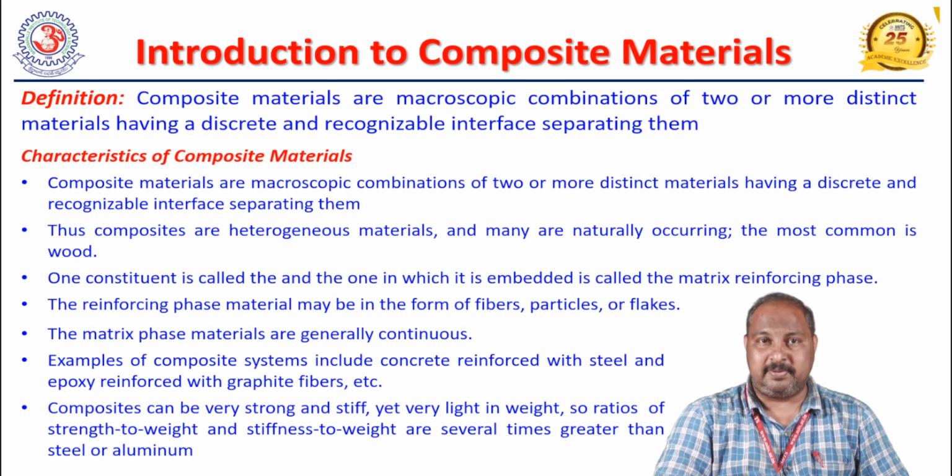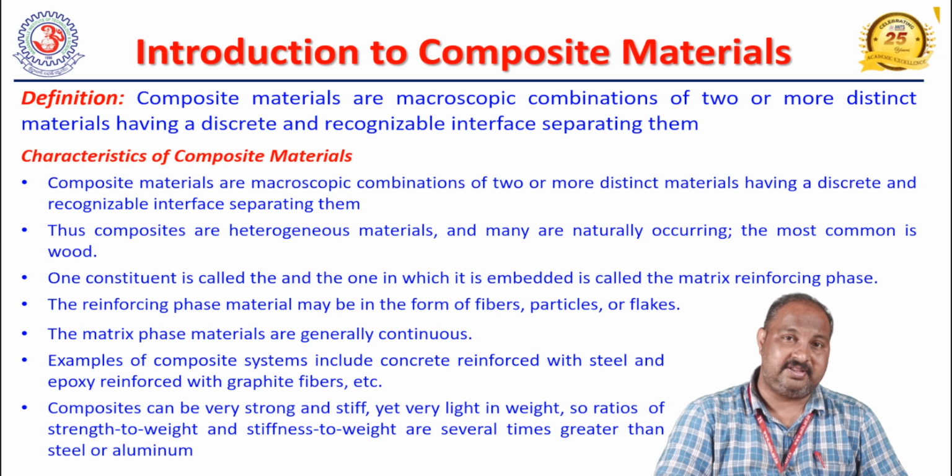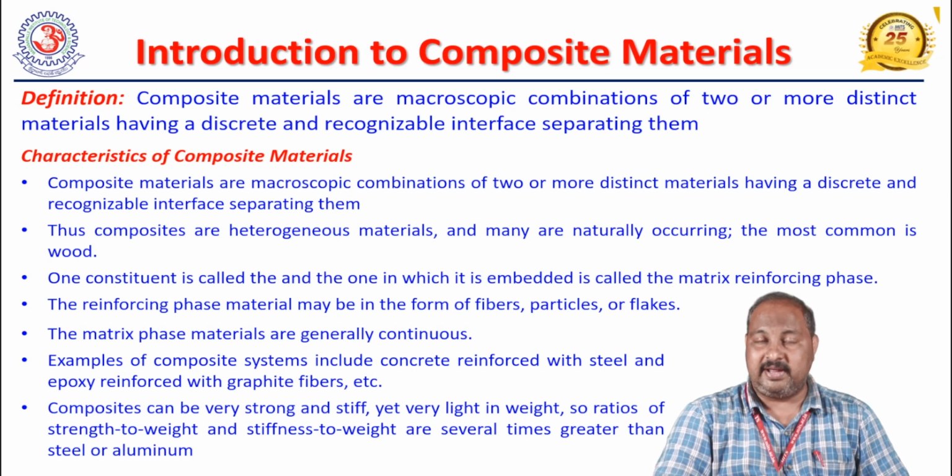Coming to examples of composite systems, the one we come across day to day is concrete, in which steel fibers or steel rods are reinforced into the cement. Others include epoxy reinforced with graphite, carbon fibers, or glass fibers, which we use in many engineering applications, from aerospace to windmill blades. Composites are very strong, stiff, and light in weight.